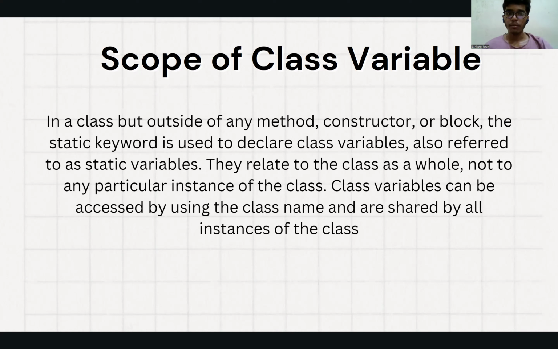They can also be accessed inside other classes without creating an object. We can use the name of the class dot the class variable name to access these class variables inside other classes. So the scope of class variables can be defined as inside that class, and they can also be accessed outside of the class inside other classes using the class name.